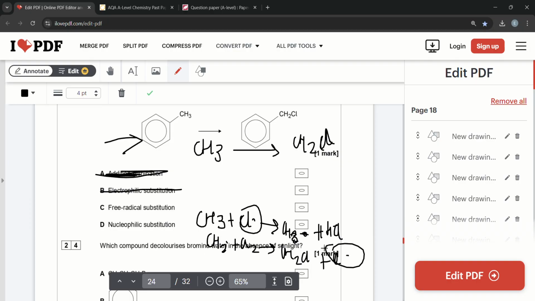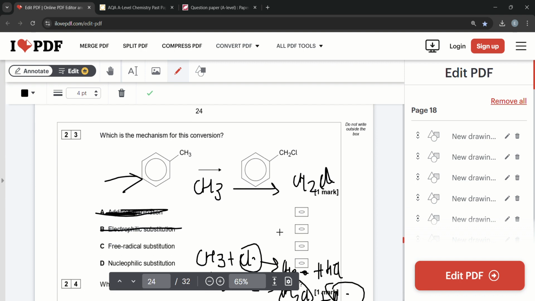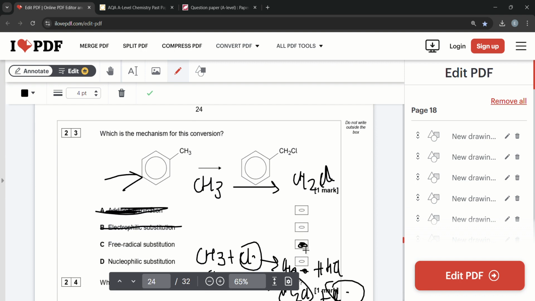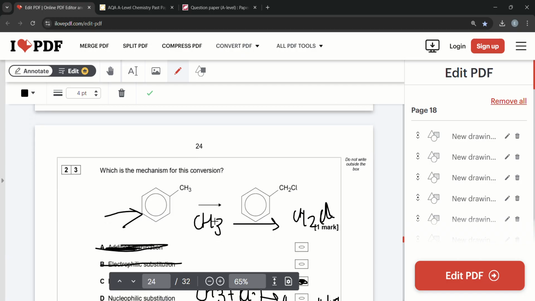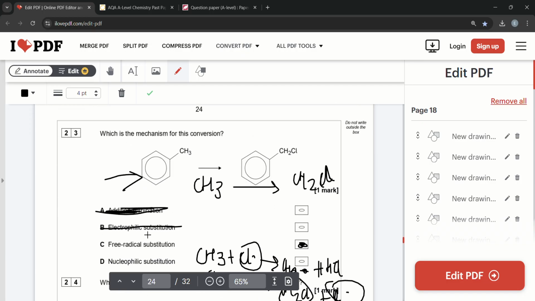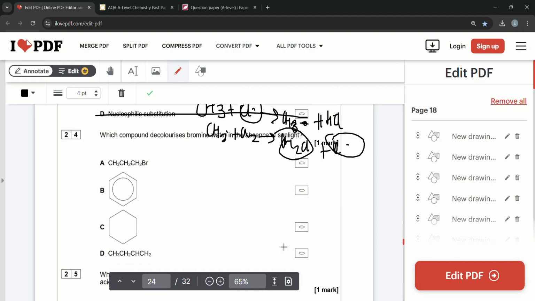And the chlorine free radical is not used up, so it is free radical substitution. Nucleophilic substitution, well, some students could go for nucleophilic substitution, but it's not going to be D. Answer is C.